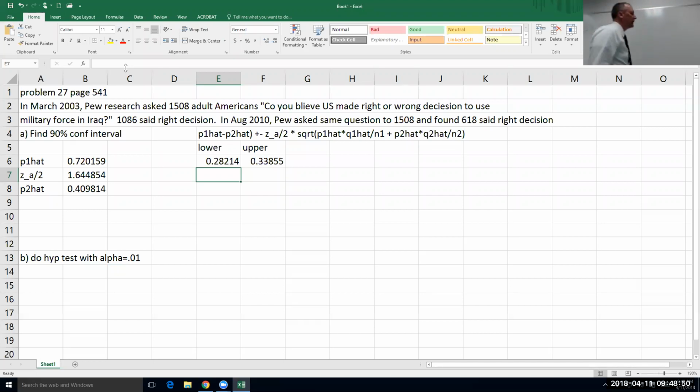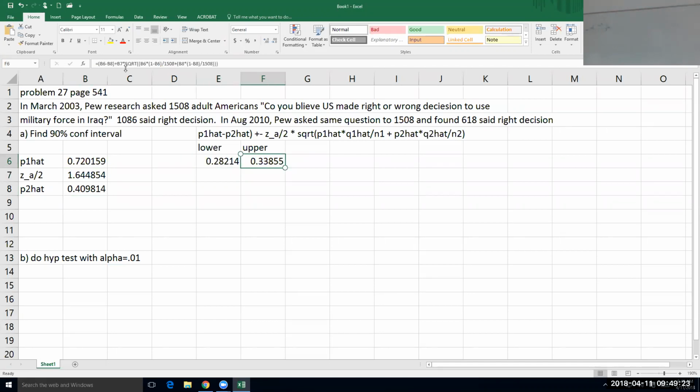So the idea here is, yes, there is a significant difference. Now, let's look at this for a minute. In 2003, 72% of the people said we made the right decision. In 2010, it was just 41%. If I just subtract, that's about a 32% difference. Now, the confidence interval is telling me the difference is between 28 and almost 34%.